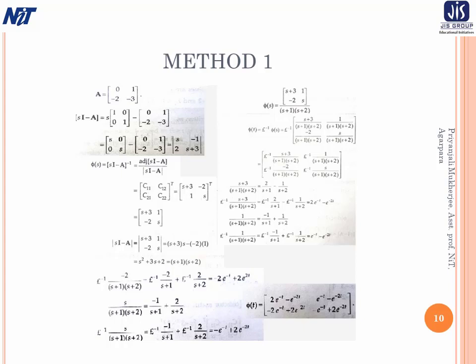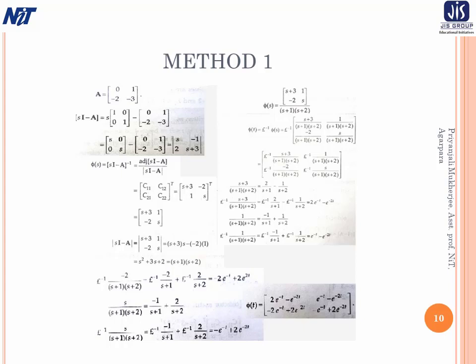So sI minus A becomes [s, minus 1; 2, s plus 3], where I is the identity matrix. Then we find (sI minus A) inverse, which is actually the resolvent matrix, and it is found to be 1 over the determinant times [s plus 3, 1; minus 2, s].